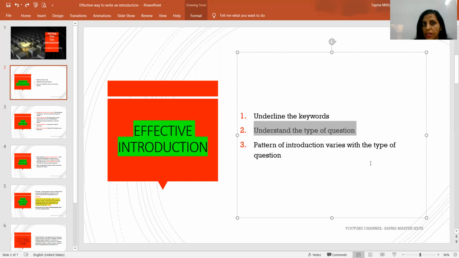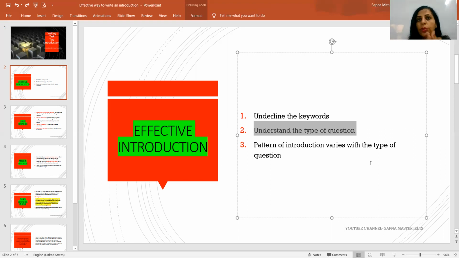The third thing is that the pattern of introduction varies with the type of question. Obviously, the thesis statement depends on the type of question, whether it is agree or disagree, or discuss both views and give your opinion. So the first thing that you will do is underline the keywords.